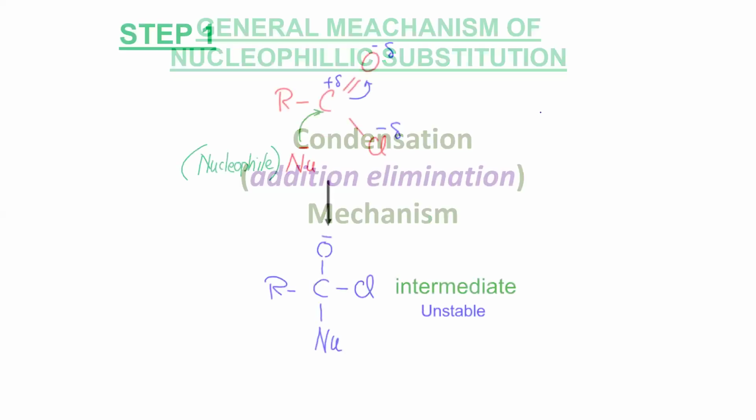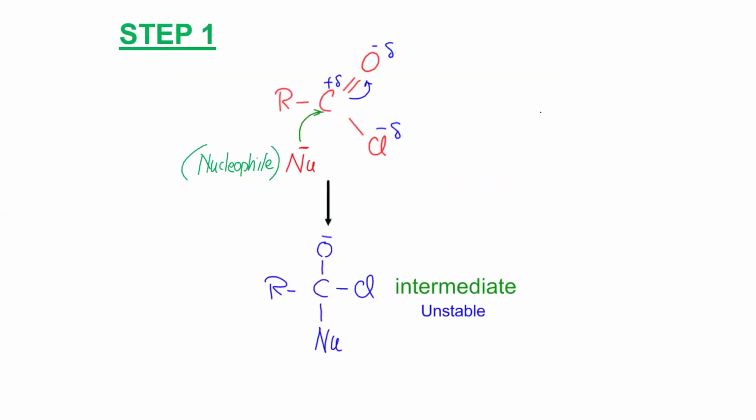Now, look at this concept. Step number 1, the nucleophile attacks the carbon, which is the electropositive carbon. This will eventually break the carbon-oxygen bond. Obviously, you remember the curly arrows. The double bond between carbon and oxygen breaks.